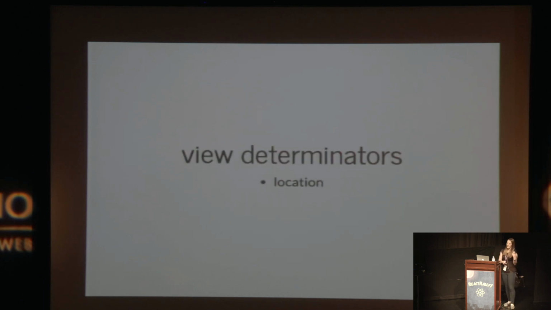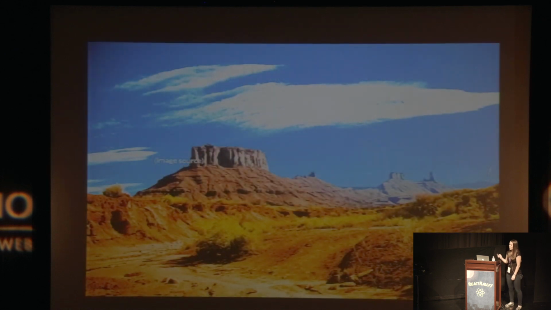Coming at it from another angle, we also have a bunch of different factors that may act as a filter affecting which data types are actually relevant for visualization or display in various contexts, like different types of views. So one of those, maybe one that you're not used to thinking about, is location. So I'm going with a Utah theme here. If you're viewing weather data from Moab, maybe you would want to de-emphasize humidity and precipitation because those things are just not very common there.